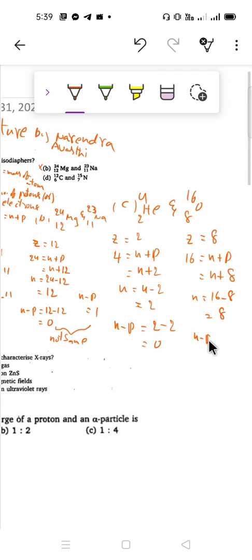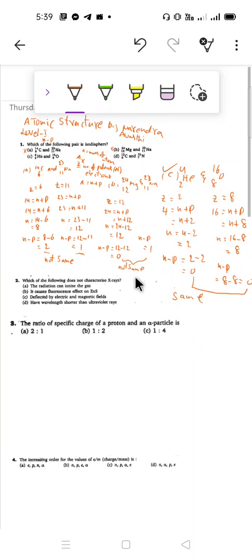N minus P is 8 minus 8, which is 0. So these two values are the same, so this one is isodiapers.